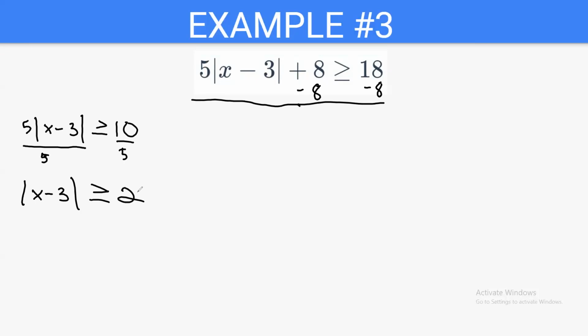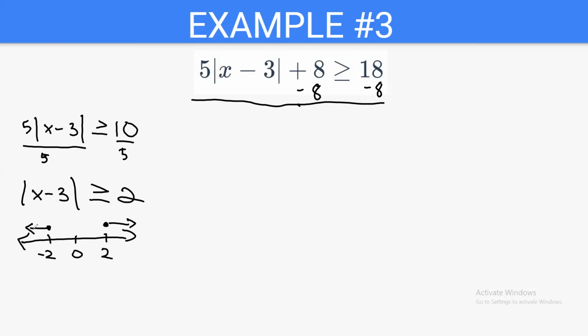So I have my absolute value isolated. So I'm going to think distance away from 0 is greater than or equal to 2. That means, class, at 2 and -2, since it's greater than, the distance away from 0 is greater than, it's going to go away from each other, right?